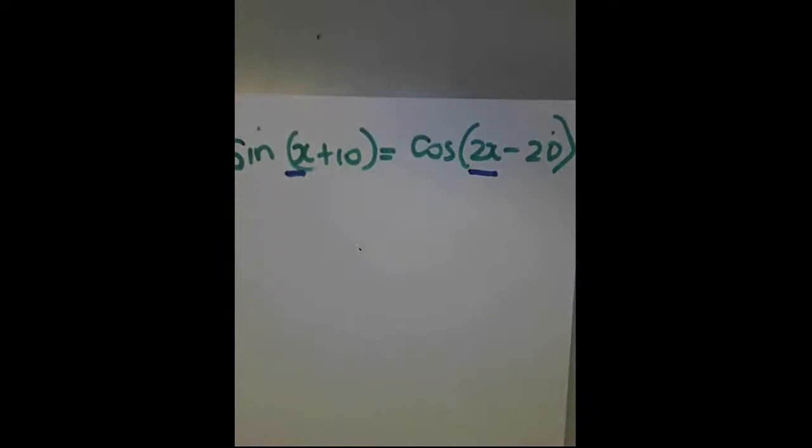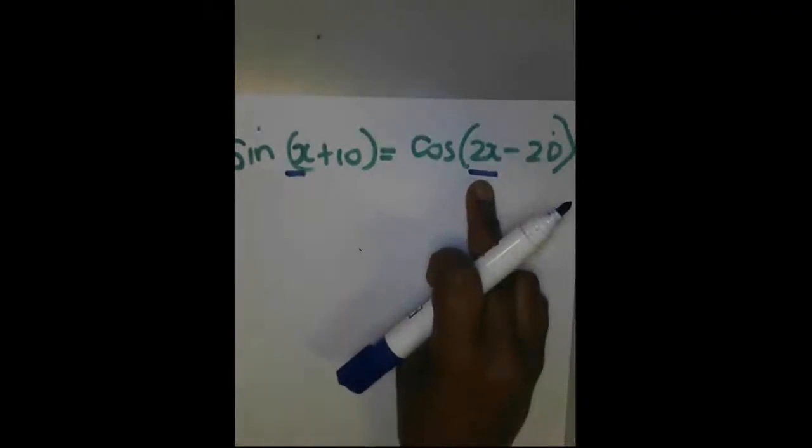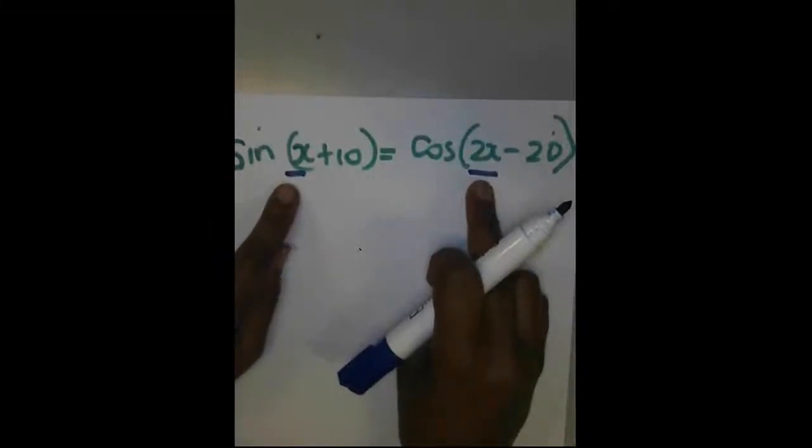In other words, I need to have a look to see whether the names are the same, or the sizes of the angles are the same. If both of them were x minus 20, then it would be easy, because then I can just divide by cos on both sides, and I'll end up with 10.